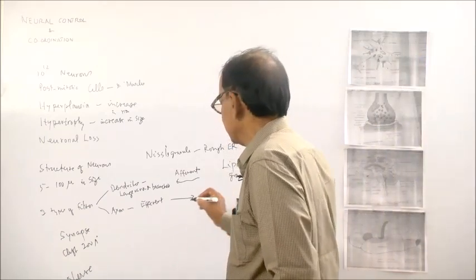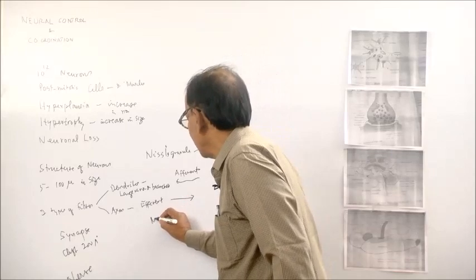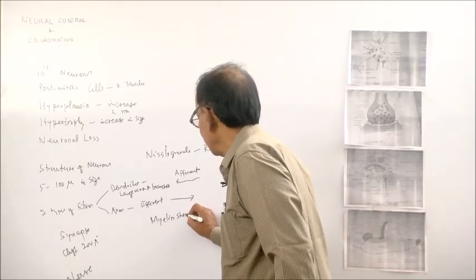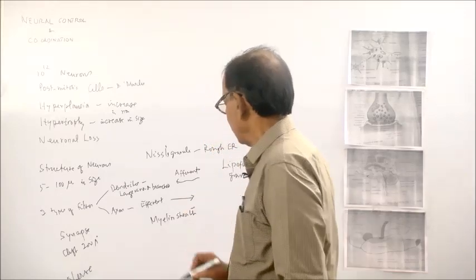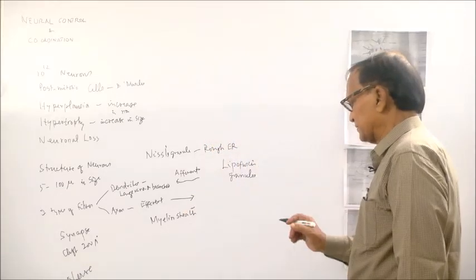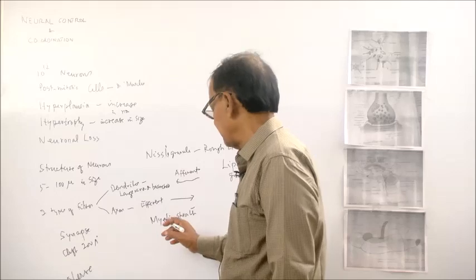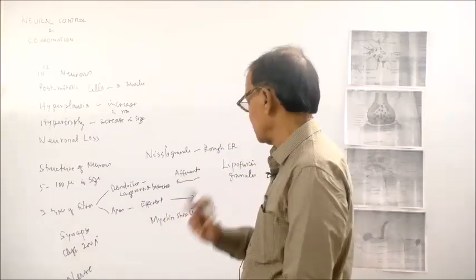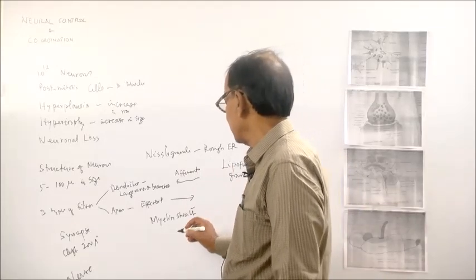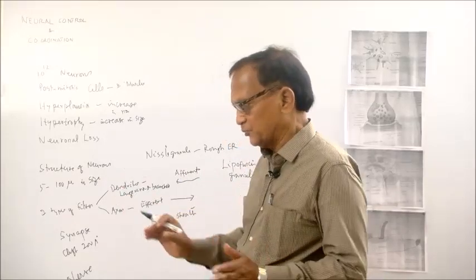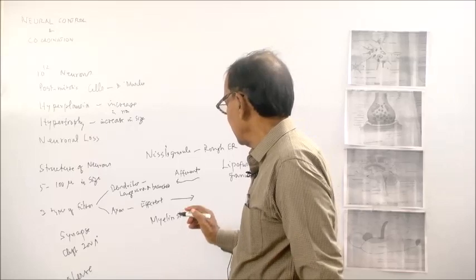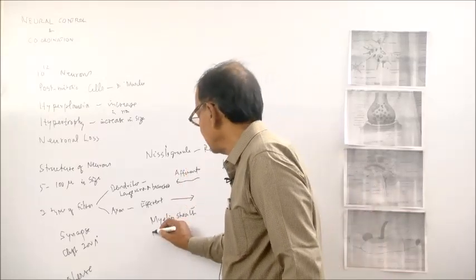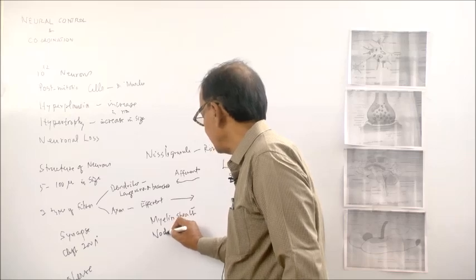Myelin is a fatty material present around the axons, in mammalian axons particularly, and this myelin sheath is not continuous. It is interrupted at places by what are known as the nodes of Ranvier.